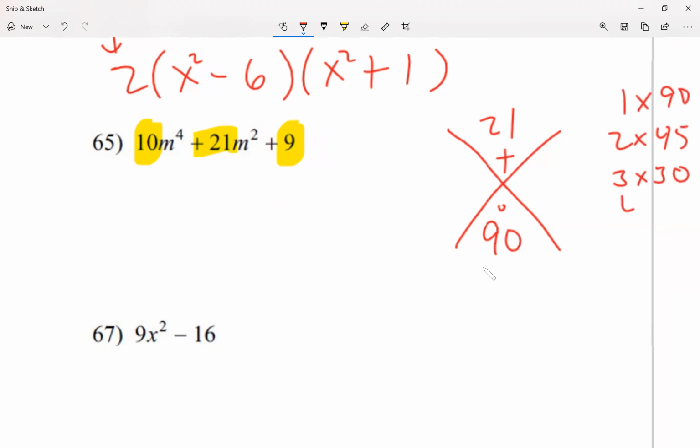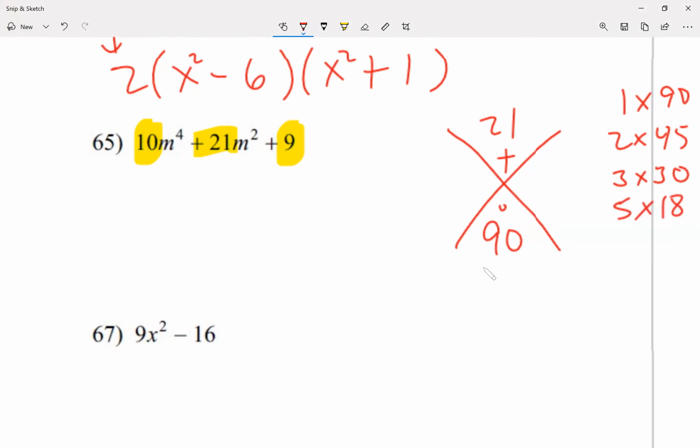Now, is 4 a factor of 90? In my mind, I use a calculator. 90 divided by 4. If it gives me a decimal, well, no, it's not a factor then. I know 90 divided by 4 gave me a decimal, so nope, 4 is not a factor. Can I use 5? Let me do 90 divided by 5 is 18.